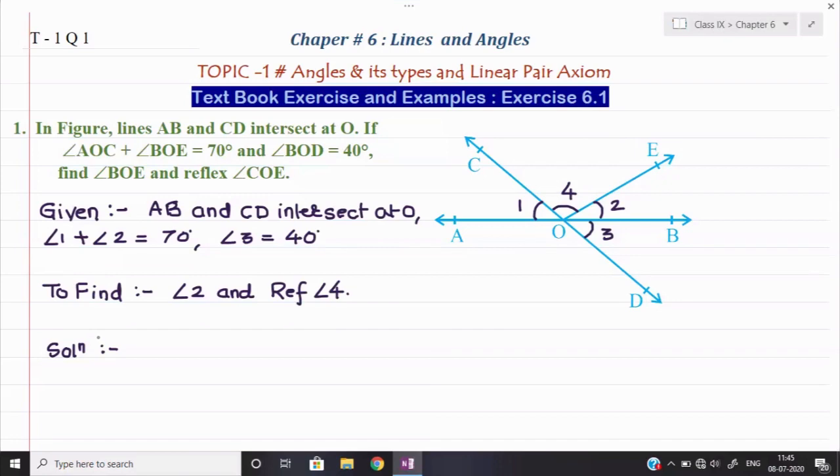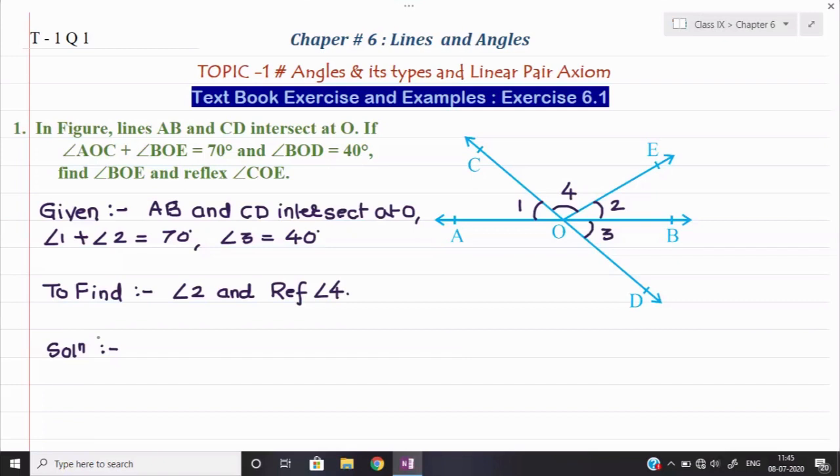One is angle number 2, that is angle BOE, and second one is reflex angle number 4. Okay, so let us see how we can find out. First of all, we shall focus on angle number 2. How can we find it out, if it is possible?